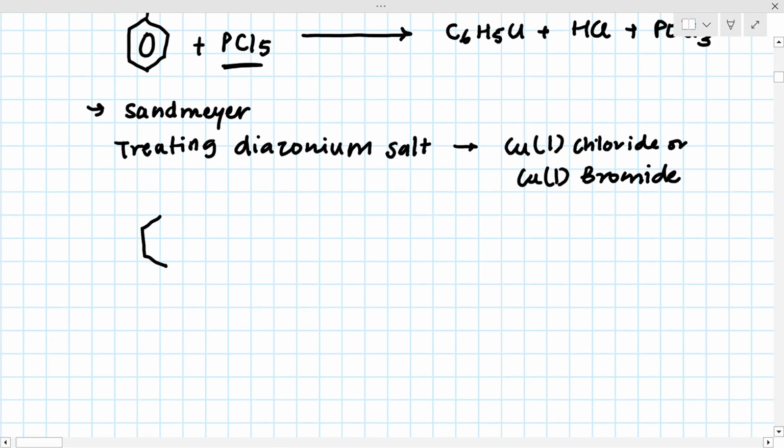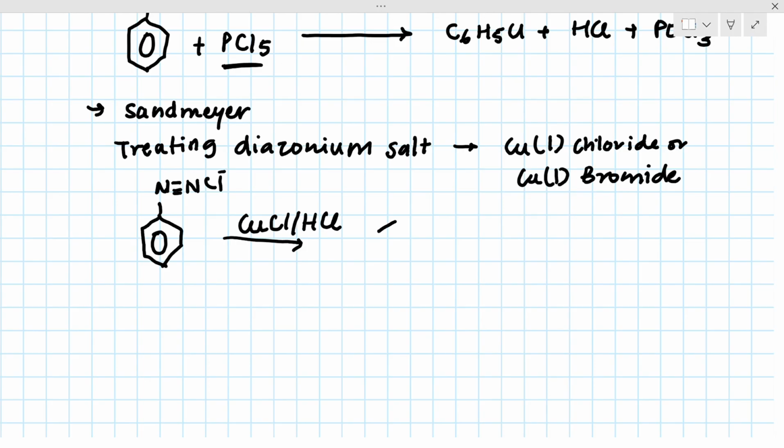What is a diazonium salt? We will see what a diazonium salt is first. This structure is a diazonium salt. So when you treat it with CuCl in the presence of HCl, you will get this structure, chlorobenzene, plus N2.